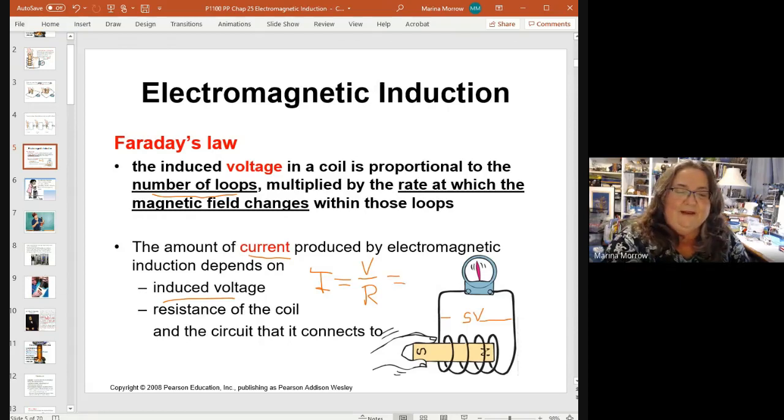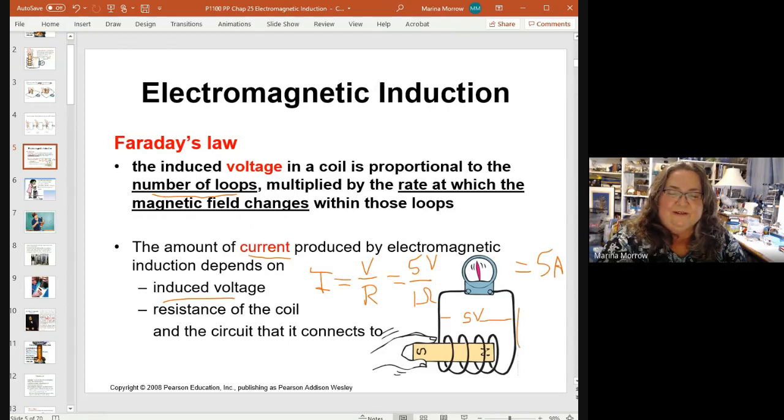So we would have 5 volts divided by that 1 ohm of resistance, and that would give us 5 amps of current that's produced, right? So it depends on the voltage and how much resistance there is in the circuit. And the coil itself has some resistance.